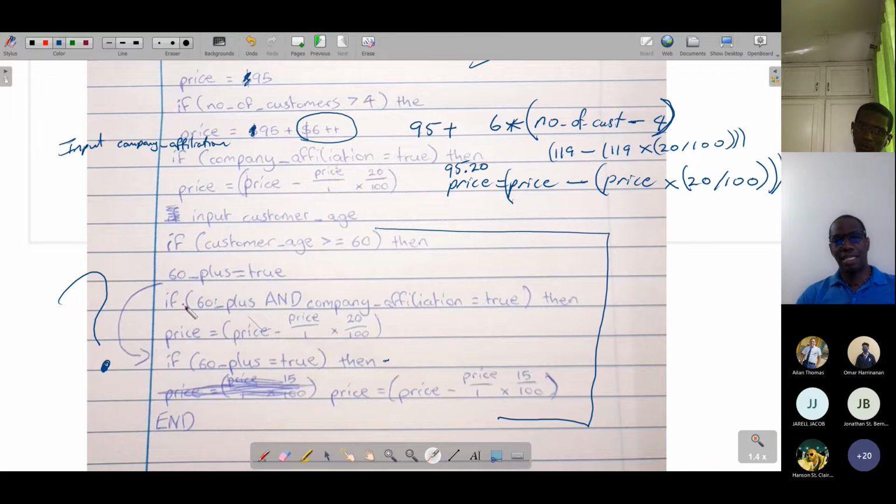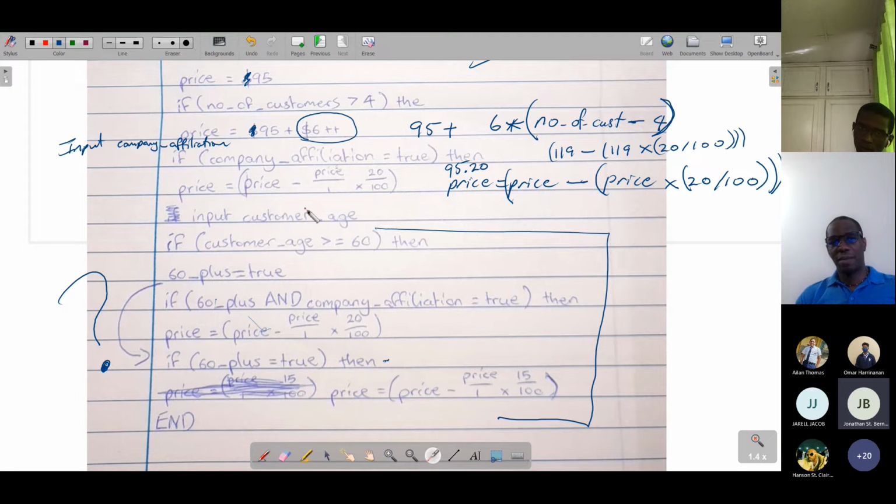And then down here, it indicates to me that you might be doing the discount again. Well, that would only be in the instance if both of the discounts were true. If company affiliation were false, higher up on the page, then the 60 plus discount would apply, and that's the one that would be applied to the price. But this line here is only in the instance if both of them are true.